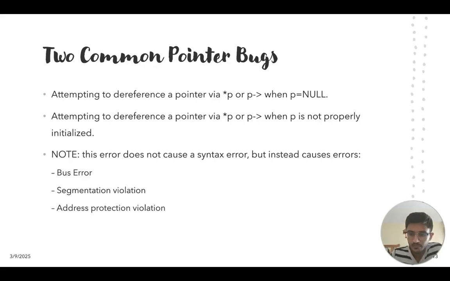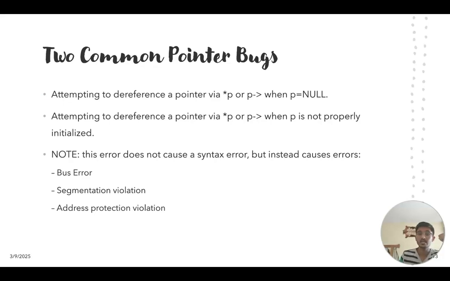Now we come across two common pointer bugs. The first one is attempting to dereference a pointer via star p or p arrow mark when p equals null. That could cause problems. We could also have problems when we're trying to dereference a pointer via asterisk, or star, p or p arrow mark when p is not properly initialized.